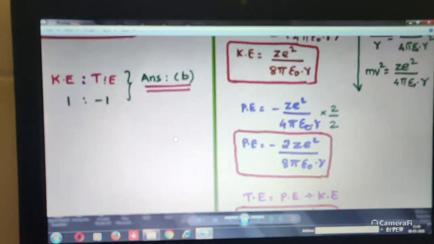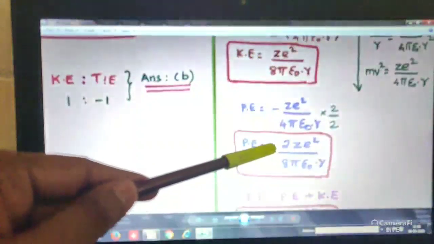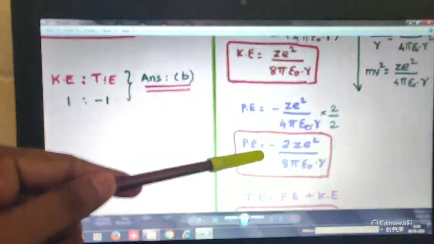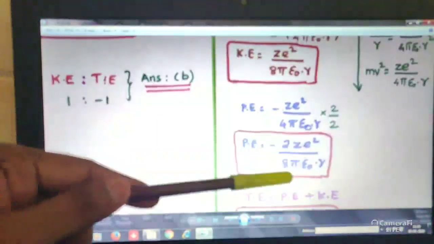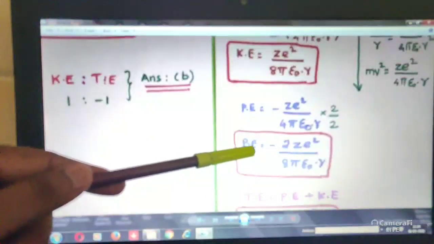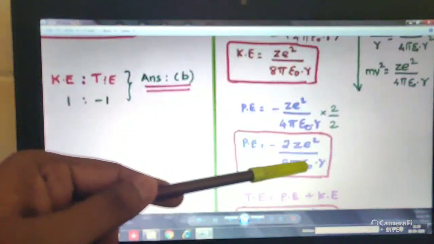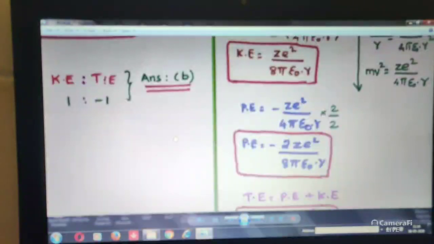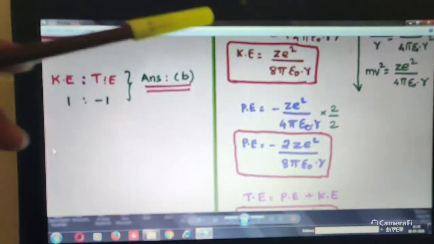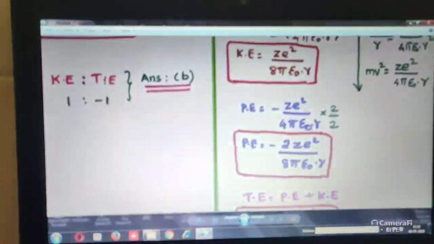Okay, right. So if kinetic energy is one time, then potential energy is minus 2 times. That is the only difference: here 1 times of this value, here minus 2 times of the same value. So we know that potential energy is equal to minus 2 times kinetic energy. You should remember that. Now we know the kinetic energy value and the potential energy value.